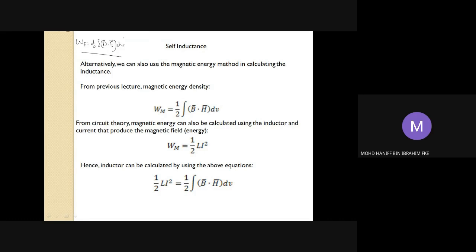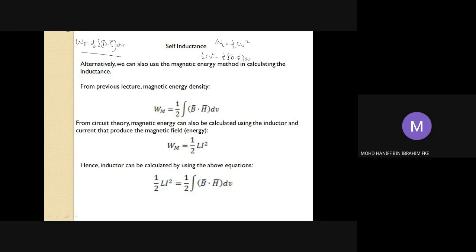And we have learned in circuit theory that the electrical energy stored by the capacitance equals half CV squared. C is the capacitance value, V is the potential across the capacitor. So basically, these two equations are similar. Half CV squared shall equal half the integration of D dot E dV.